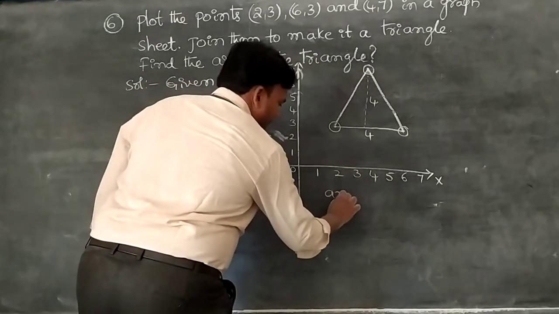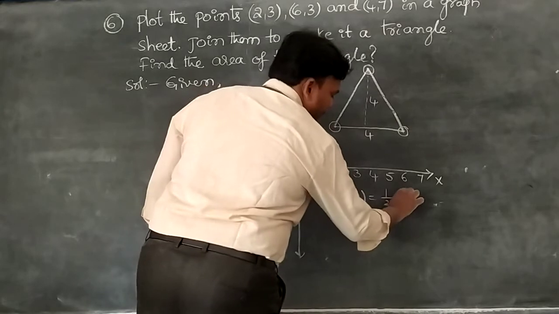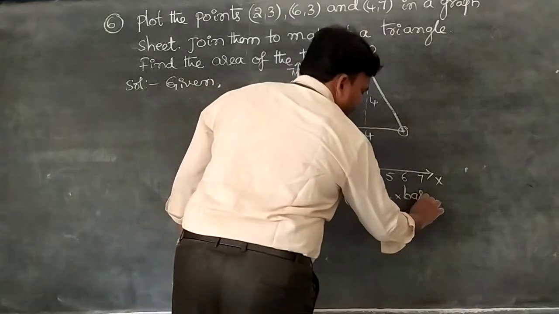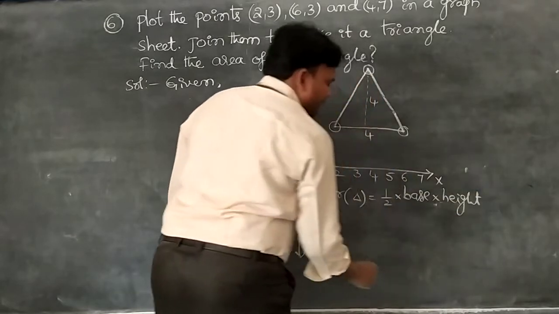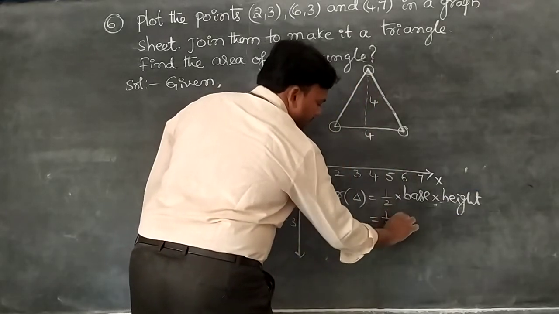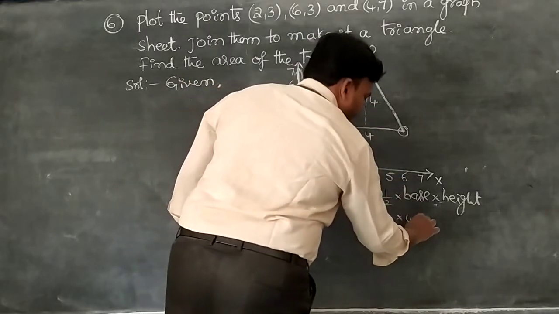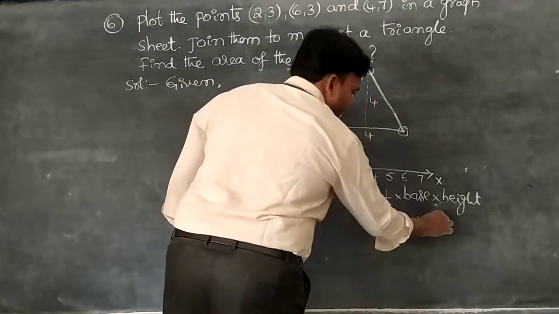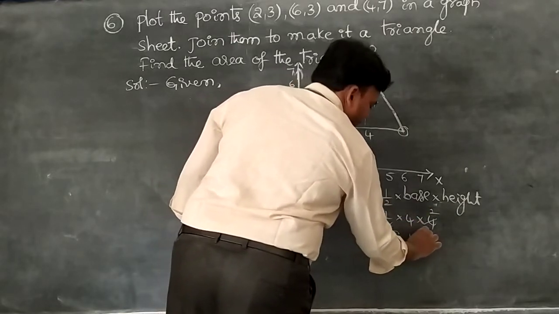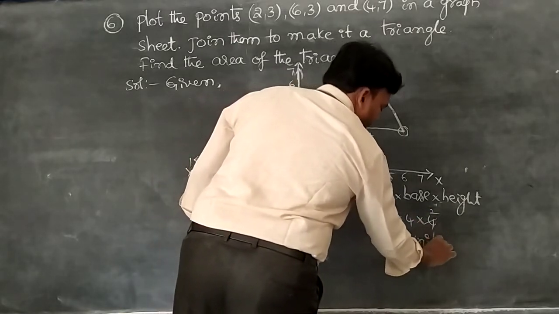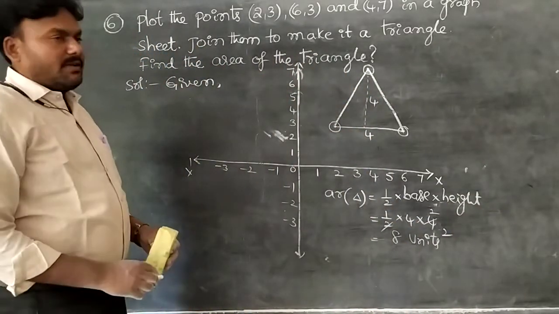Therefore area of triangle equals half into base into height. So that implies half into base value 4 units, height value also 4. Half into 4 into 4. 2 ones, 2 twos. So 2 4s are 8 square units. 8 square units, students. This is the approximate solution.